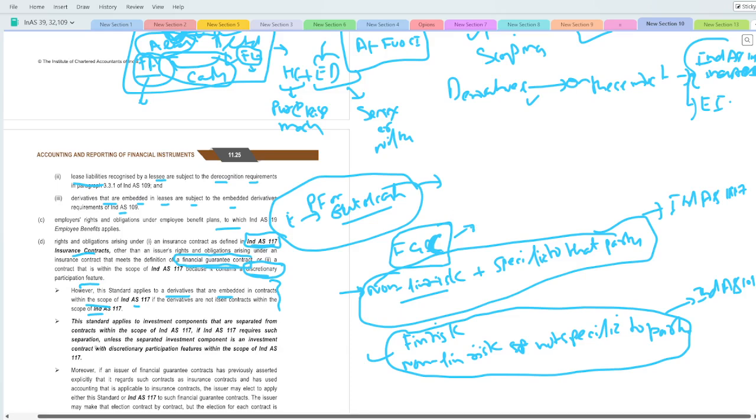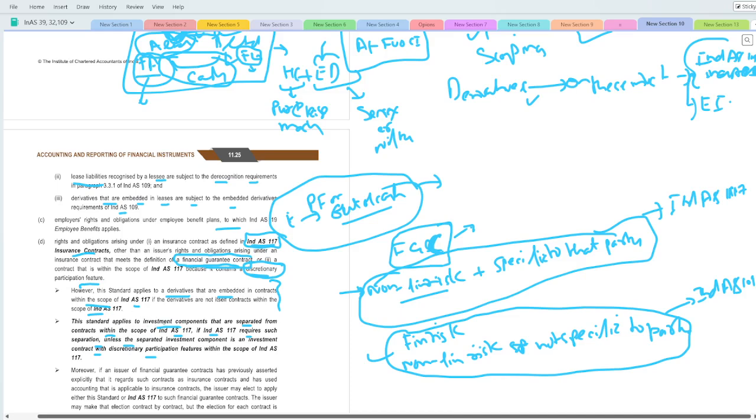This standard applies to the investment components that are separated from a contract within the scope of Ind AS 117, if Ind AS 117 requires such separation, unless the separated investment component is an investment contract with discretionary participation features. So it is talking about the investment component.